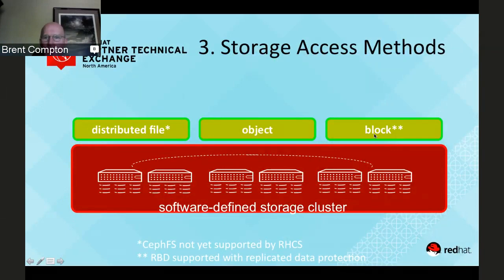So choice of storage access method: if the storage access method required by the workload is, for instance, block, that immediately constrains the data protection scheme used to a replicated pool, which then constrains the permutations of server, network, in particular server and media architectures targeted. So anyway, that's the third design consideration.